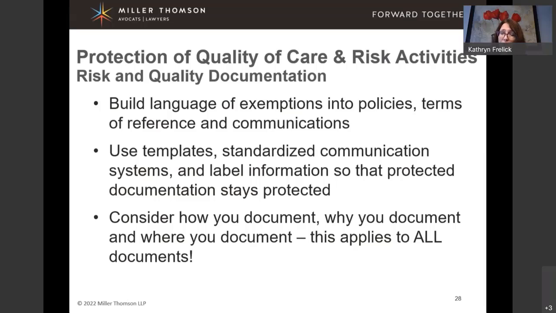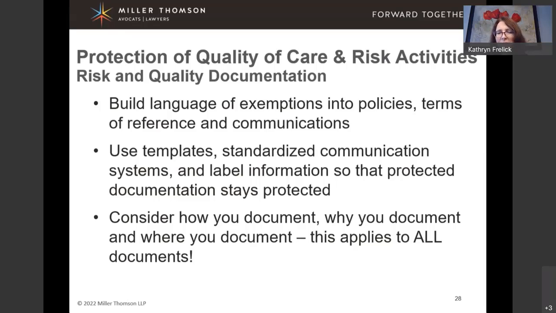Consider how you document, why you document, and where you document. This is a general comment really for everybody. When you are creating committee minutes, for example, think about the details of the discussion.